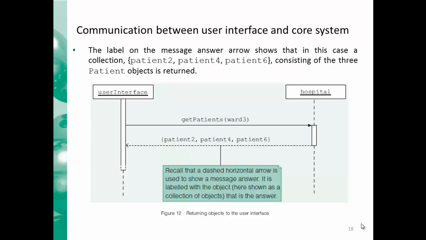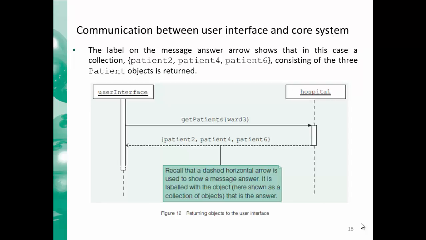So in this diagram, you see that the interface is trying to get patients in ward 3, and the coordinating message is get patients of ward 3 sent to the hospital, the coordinating object. Of course, the coordinating object will find its way to retrieve all the patients in ward 3 and pass them back to the interface. As you can see, the message will return whole objects.